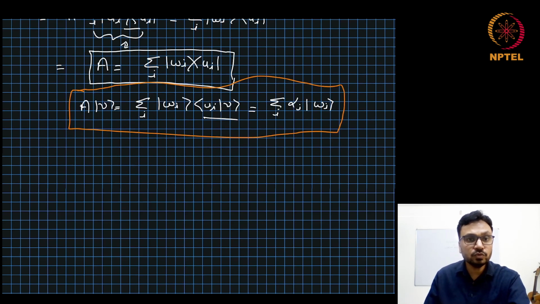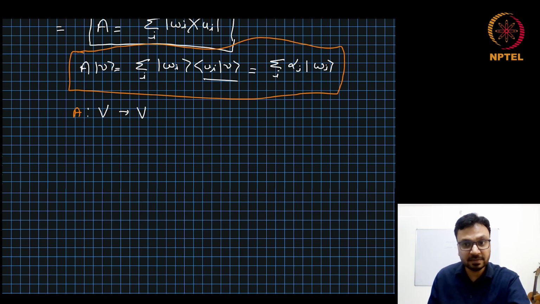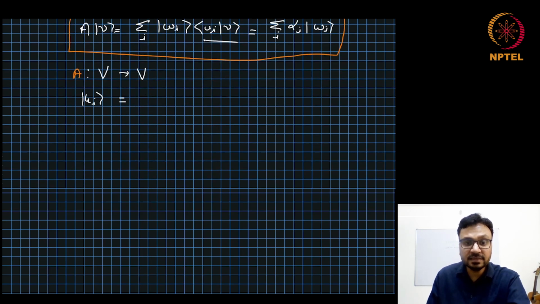So this is all good, but where are the matrices here? Okay, so to find the matrices, let us take a simple case. Let us say A is acting on V and giving the vectors of V. It means V1 and V2 are both the same vector space. It will work for anything, but let us take the simpler case. Let us say the orthonormal basis Ui is written in the following way.